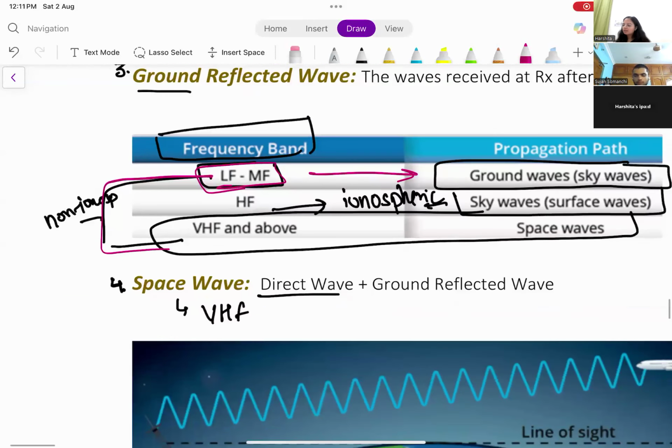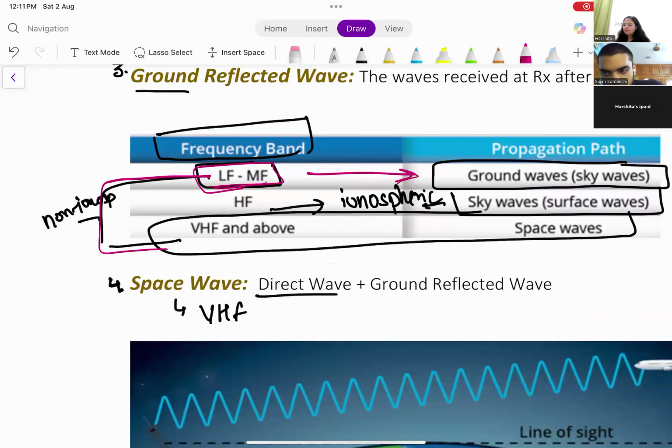Only if someone asks about ground waves, you will say the frequency band is upper LF, lower MF. If someone asks you about the total non-ionospheric propagation, you will say upper VLF to lower VHF. Got it? Just asking about the ground waves, LF and MF.